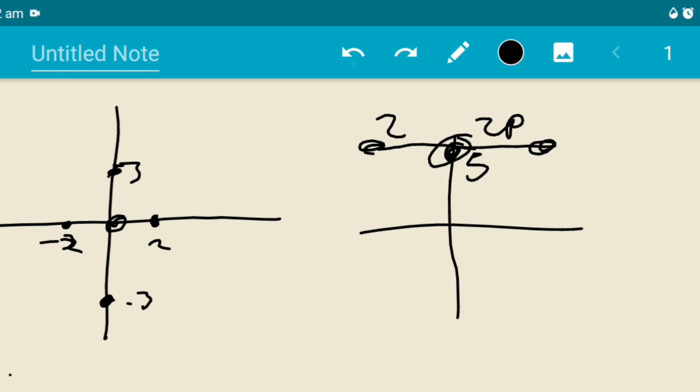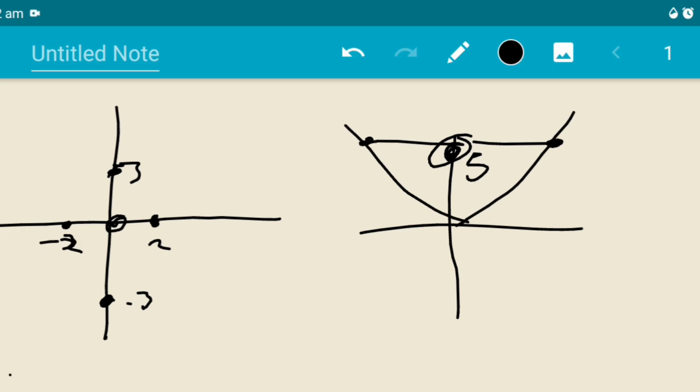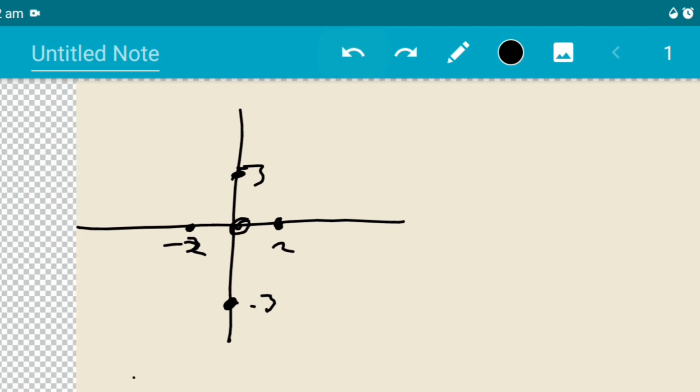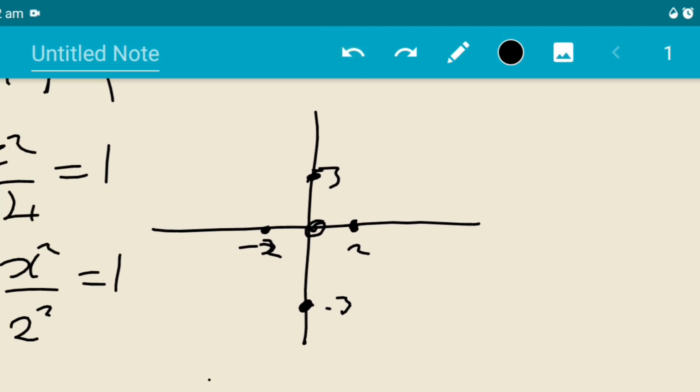So if p is 5 in this case, then this would be 5 times 2, which is 10, and 5 times 2, which is 10. So it would look like that. That's how wide it's going to be. So in this case now, how wide this will be is determined by this. So let's do that.